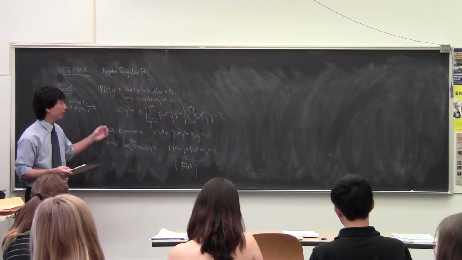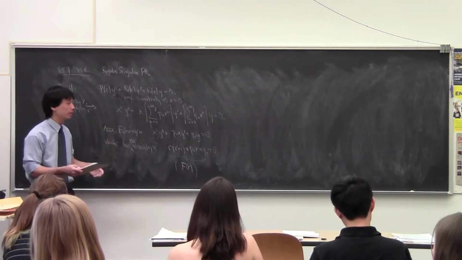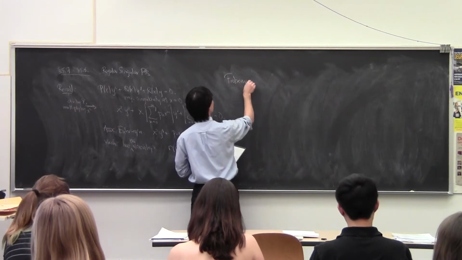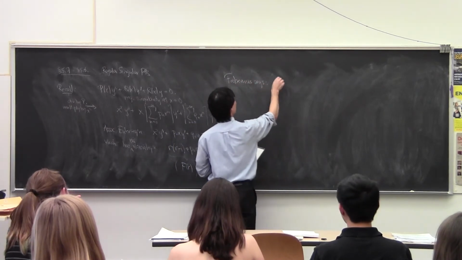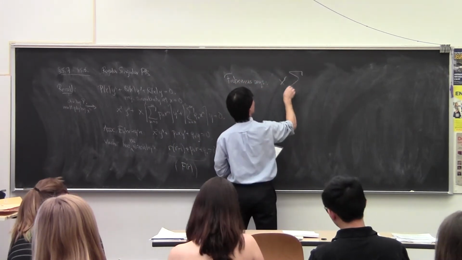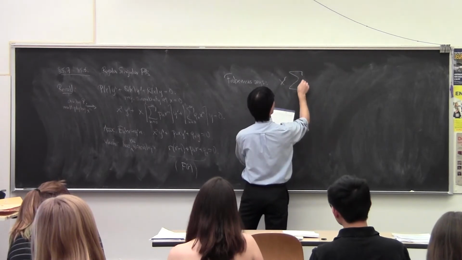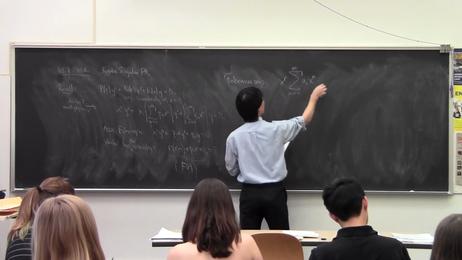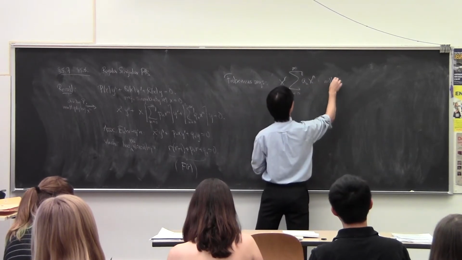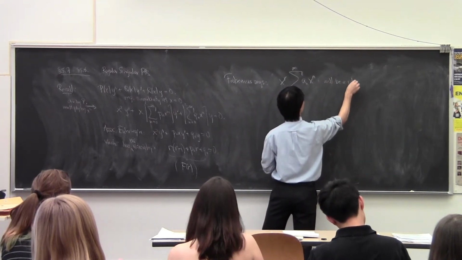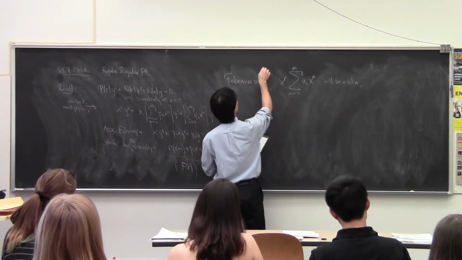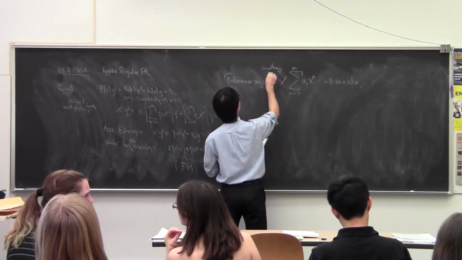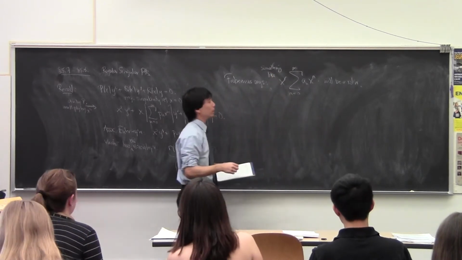So that's where we were, and we said that Frobenius says something of the form x to the r times the summation of a sub n x to the n will be a solution.